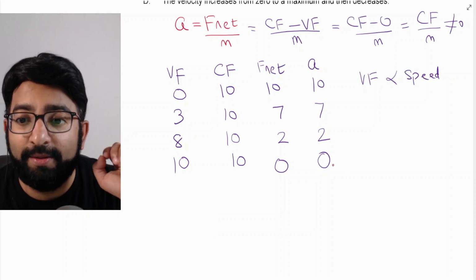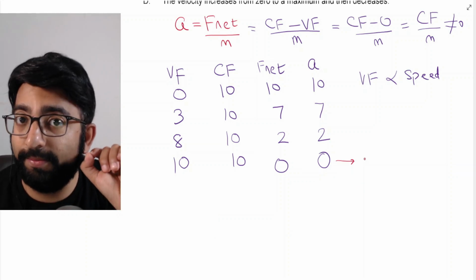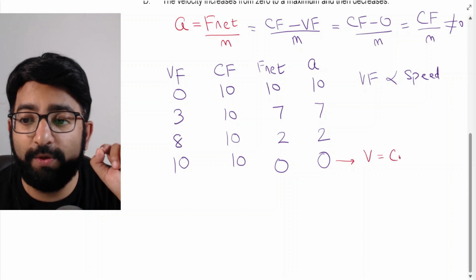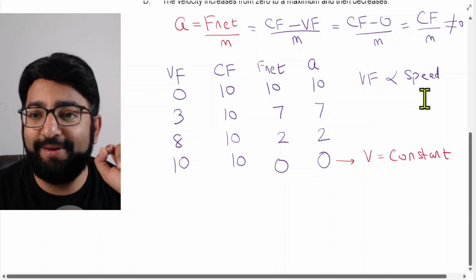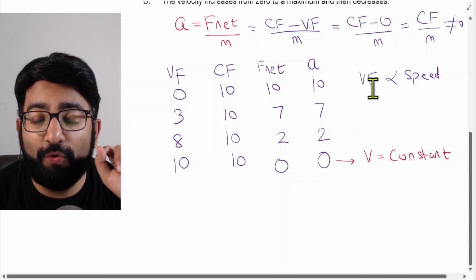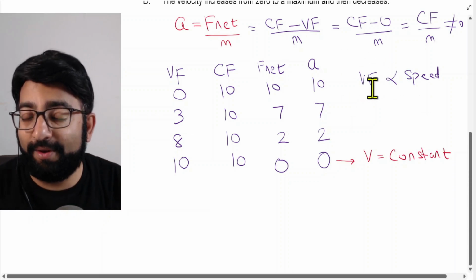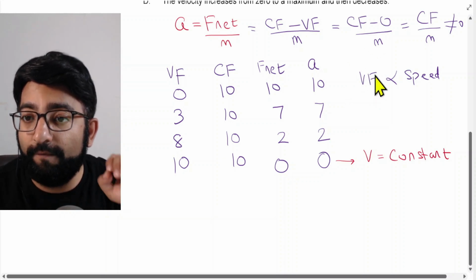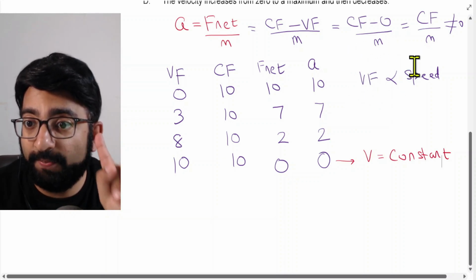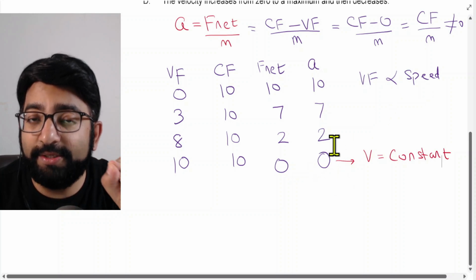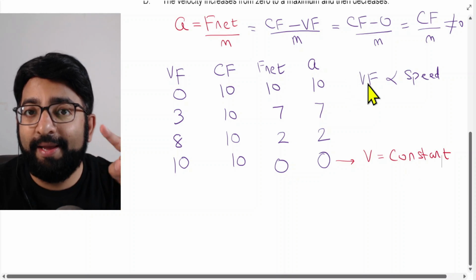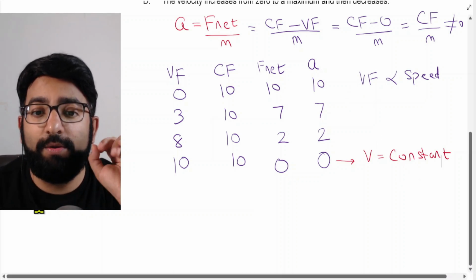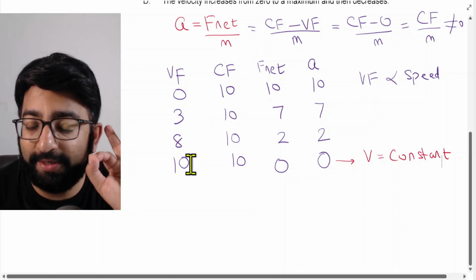So the moment acceleration becomes equal to 0, the velocity of the object will become constant. Since the speed is not changing now, the varying force cannot increase even further, because the only parameter on which the varying force depends is the speed. Since acceleration has become 0, velocity becomes constant, so the varying force can never go beyond a particular value. In this case, it is 10.